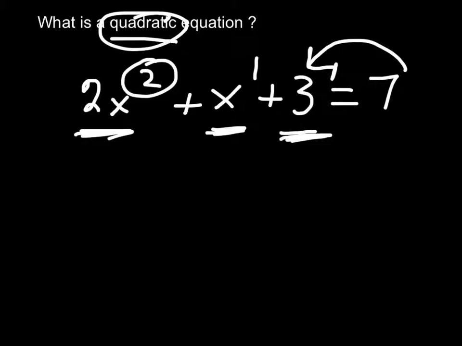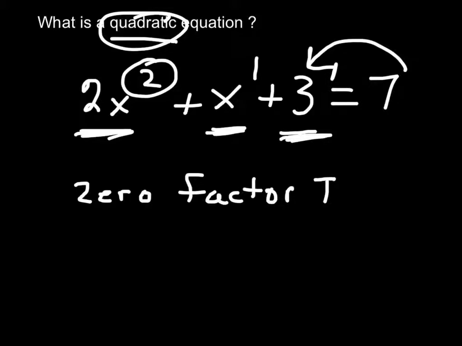Now, to continue with this, there's a certain rule or theorem that we're going to talk about. This is called the zero factor theorem. I'm going to write that out. And really all a theorem is, is something that's always true.